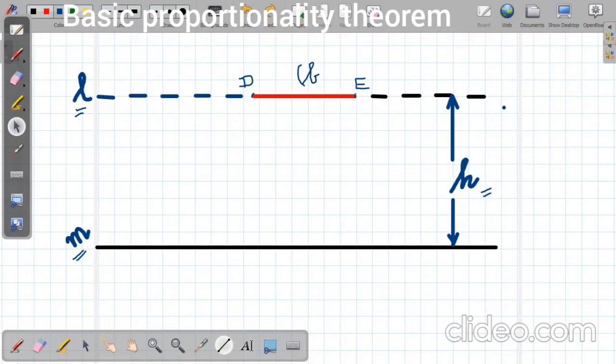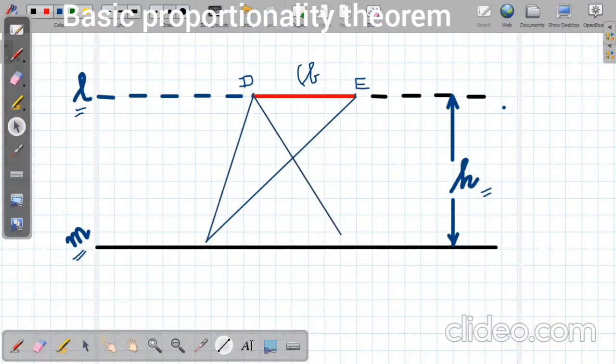We make one triangle like this and another triangle like this. Let this be B and let this be C, and so many other triangles also, using the same DE as a base.